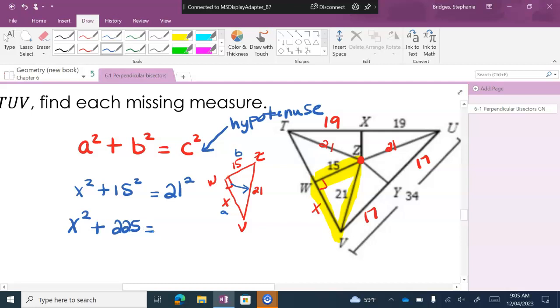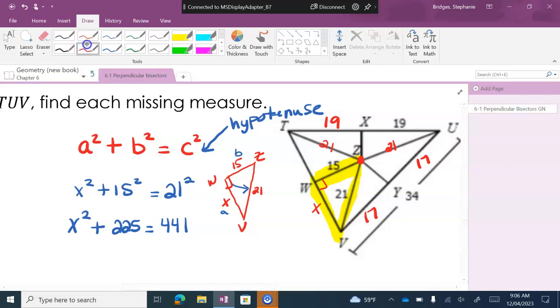And then I need to figure out what 21 squared is. 21 times 21. 441. So we're good? Now, if I want to get x squared by itself, what would I need to get rid of?